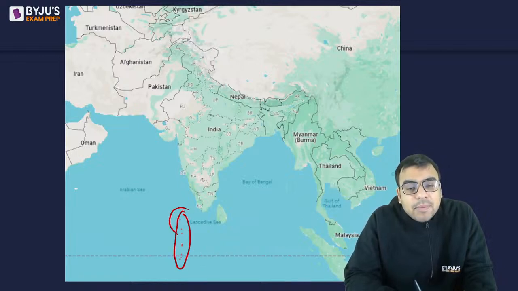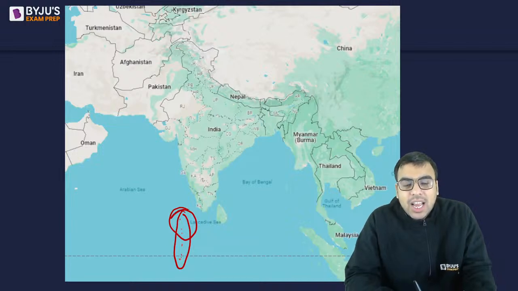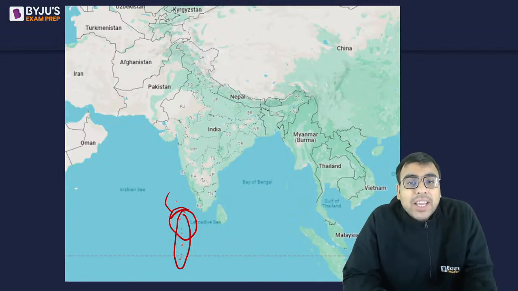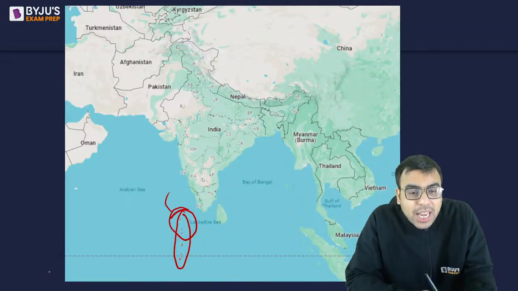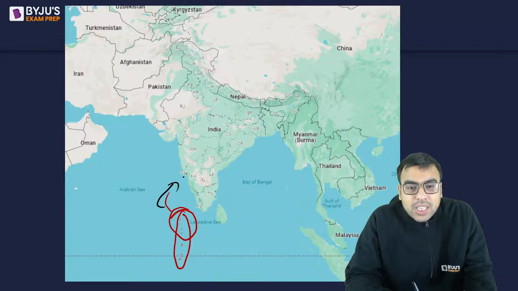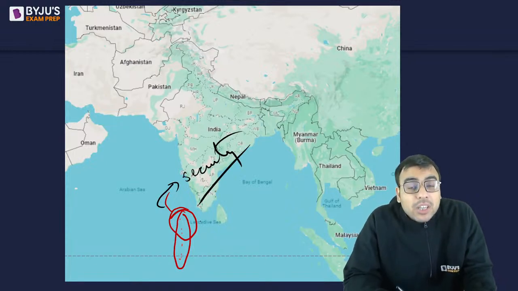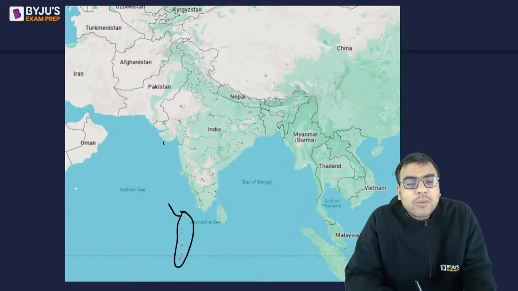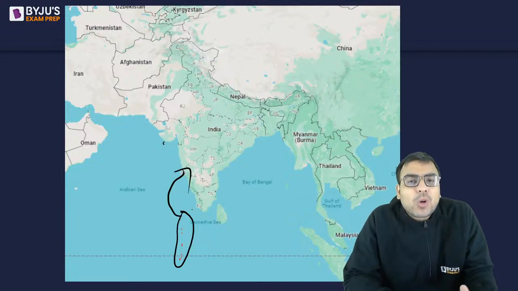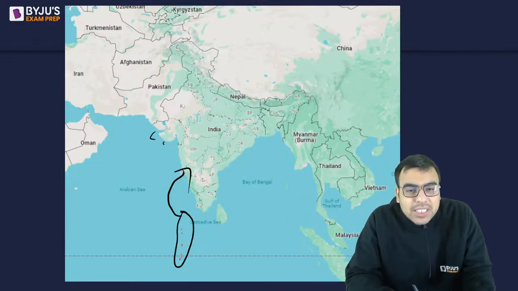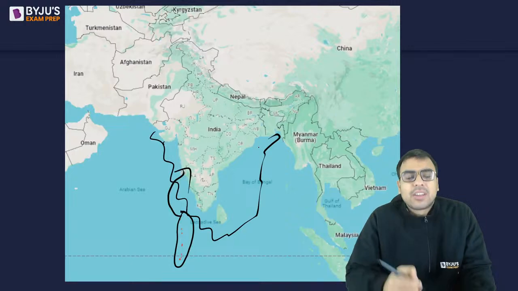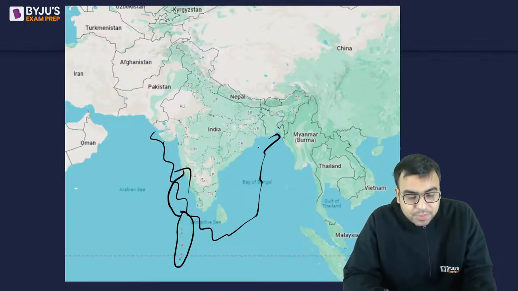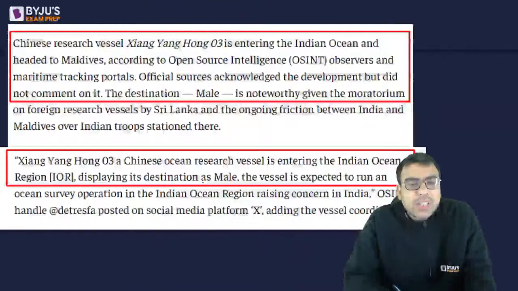If Chinese ships are moving in this region, and it might be used for spying or information gathering, this will be considered a security threat, and not good news for the Indian Navy. That is why it is very important that the government of Maldives should be pro-Indian, for our benefit, from the security point of view in this region, right? And that's very important, okay? So that is what is being talked about.